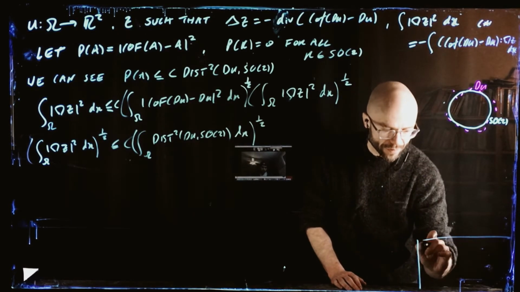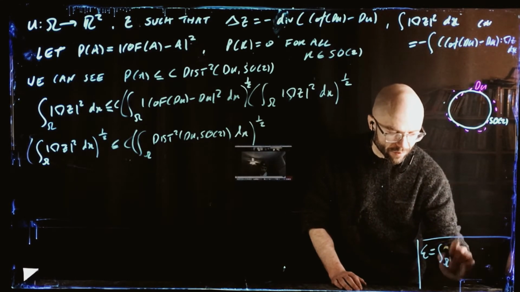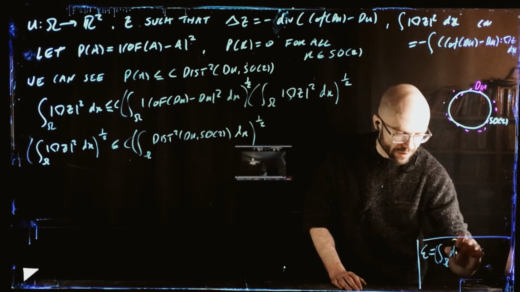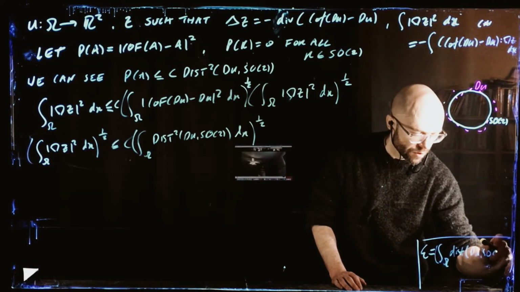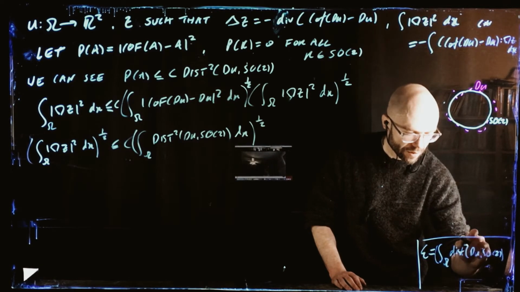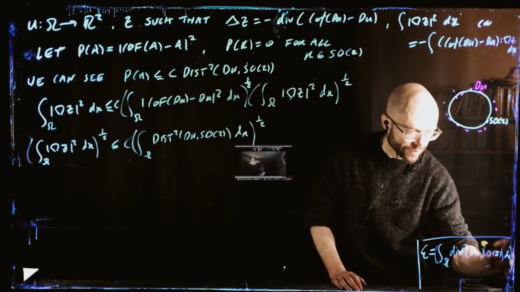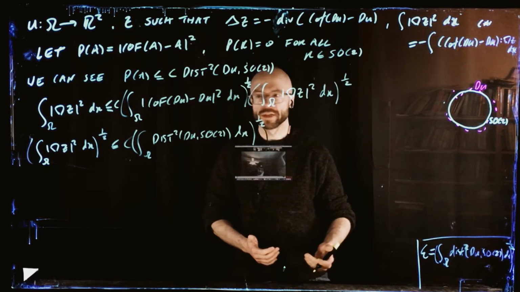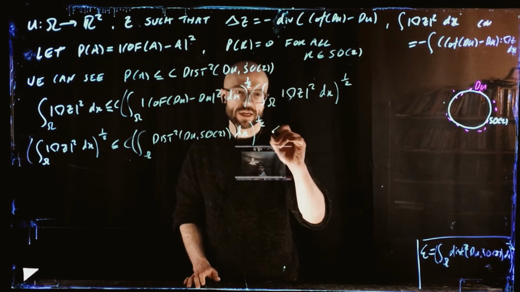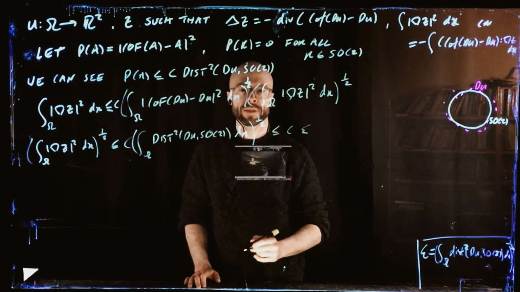So we're going to let epsilon be the integral of the distance of the gradient away from rotations, (1 over 2). So the L2 distance of the gradient away from the space of rotations. So then this thing is less than c times epsilon.